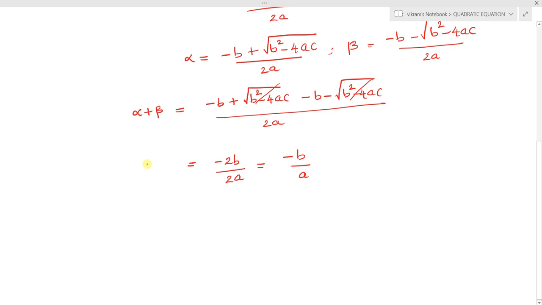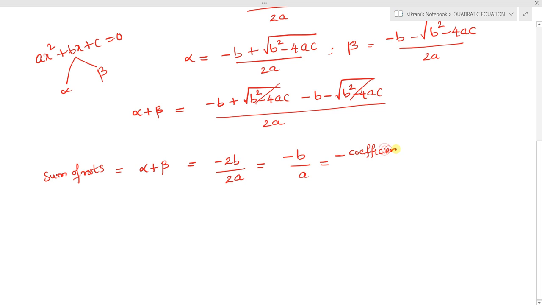Alpha is one root and beta is another root of the quadratic equation ax square plus bx plus c equals 0. If we add these two roots, that is the sum of roots, we obtain minus b by a.